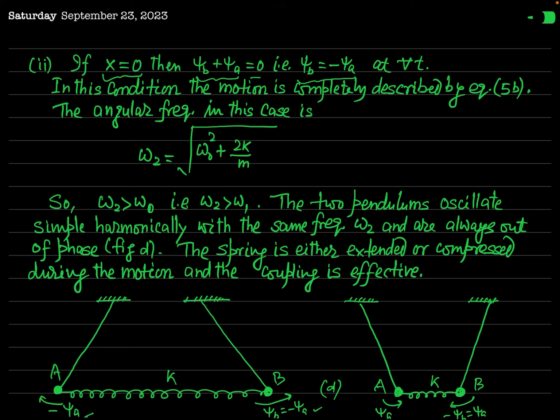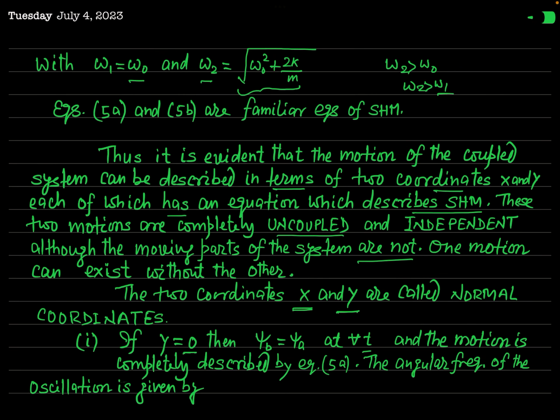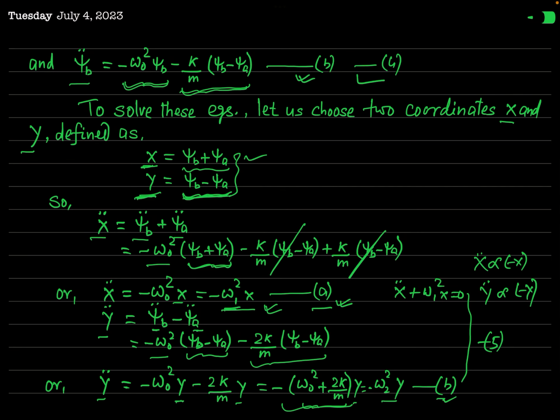In this condition, since x is 0, there will be no meaning of equation 5a. Only one equation of motion will remain, the equation defined in 5b, which is y double dot equal to minus omega 2 square into y.